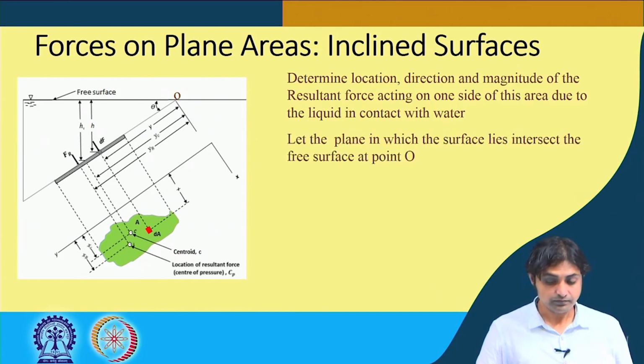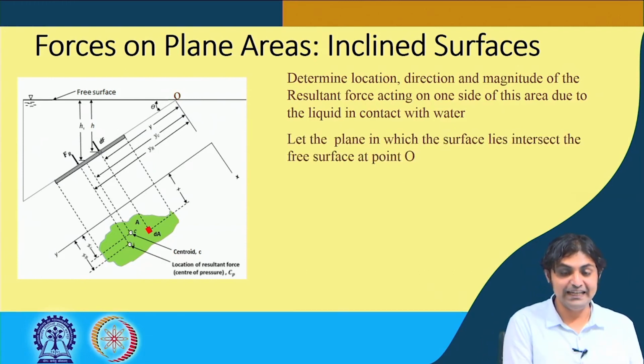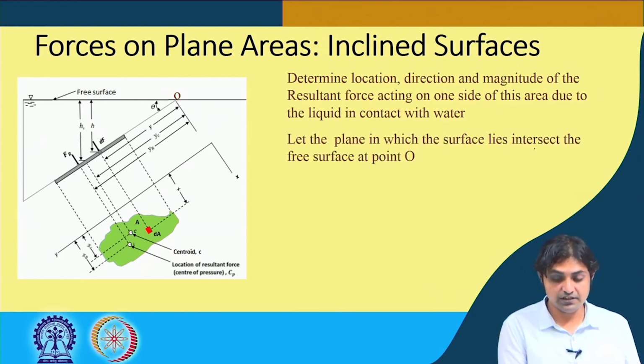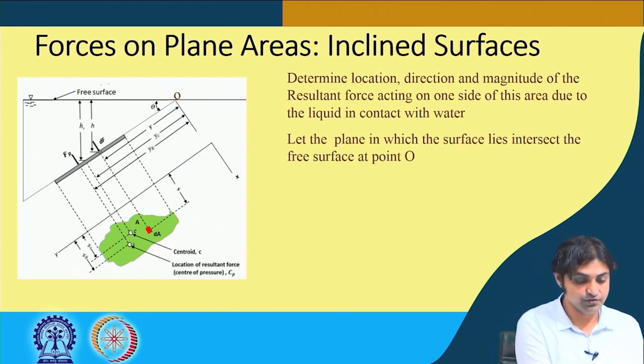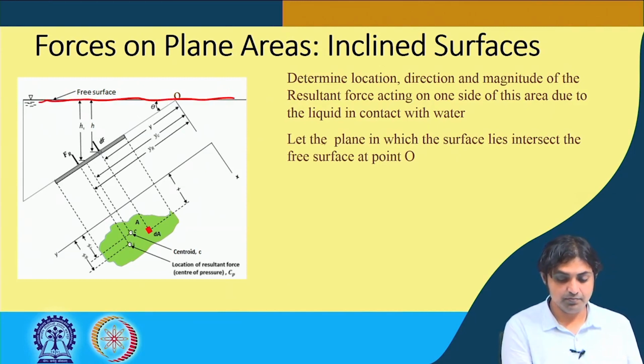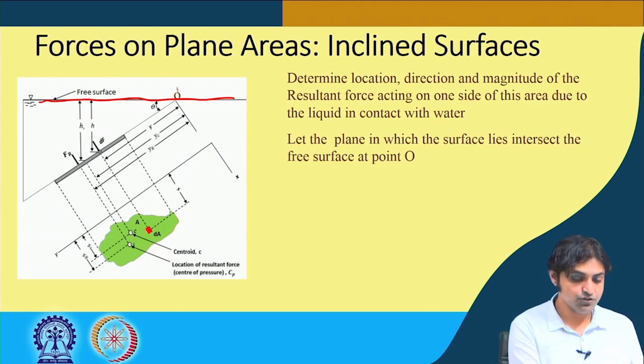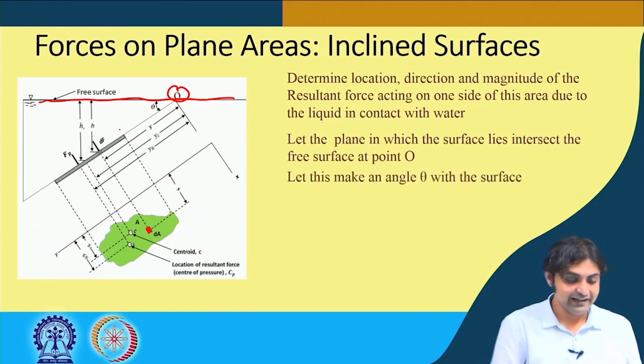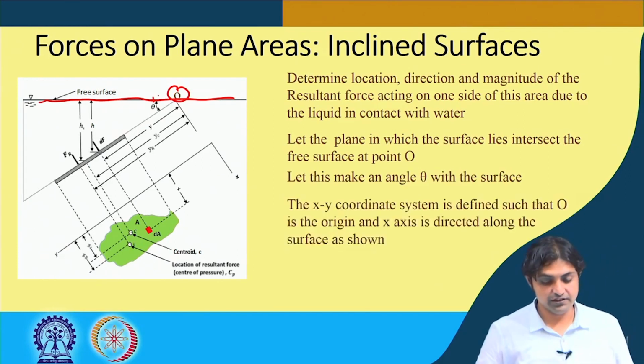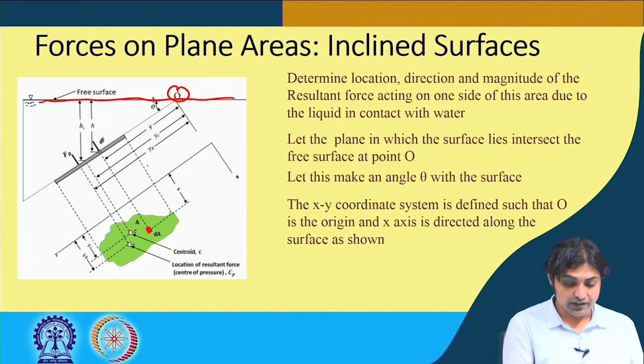Let the plane in which the surface lies intersect the free surface. This is the free surface here, and let the plane in which the body lies intersect it at point O, and let this make an angle theta with the surface. The xy coordinate system is defined such that O is the origin.